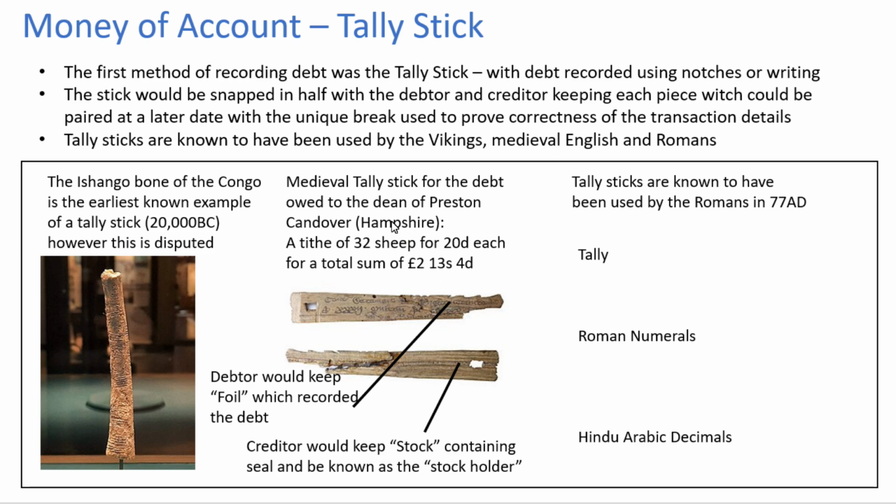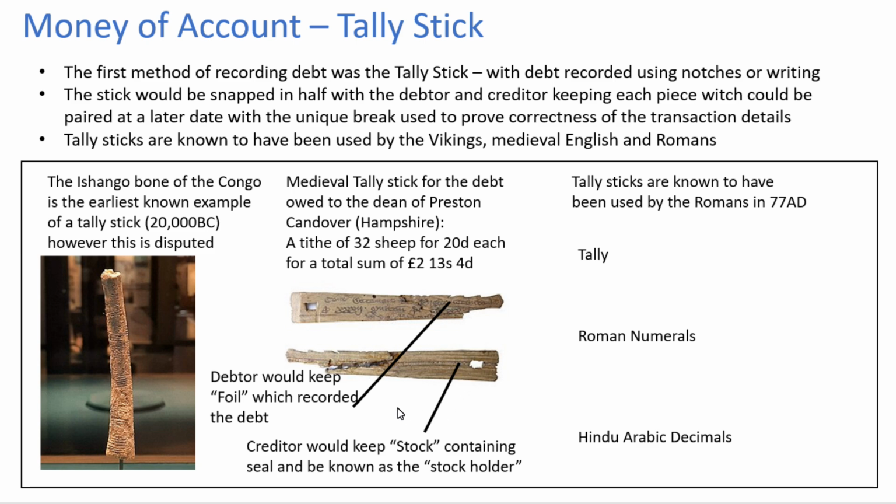And these tally sticks were basically where you would have a series of notches on a stick to record the debt. And then after giving the loan, you would snap the stick in half. The debtor would keep the half that was called the foil, which recorded the debt because it had the notches on it. And then the creditor would keep the other half, which was called a stock.